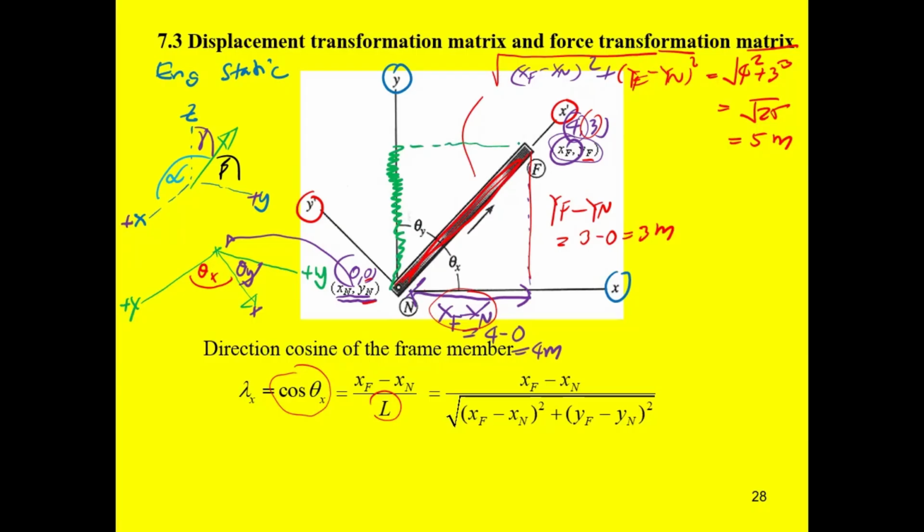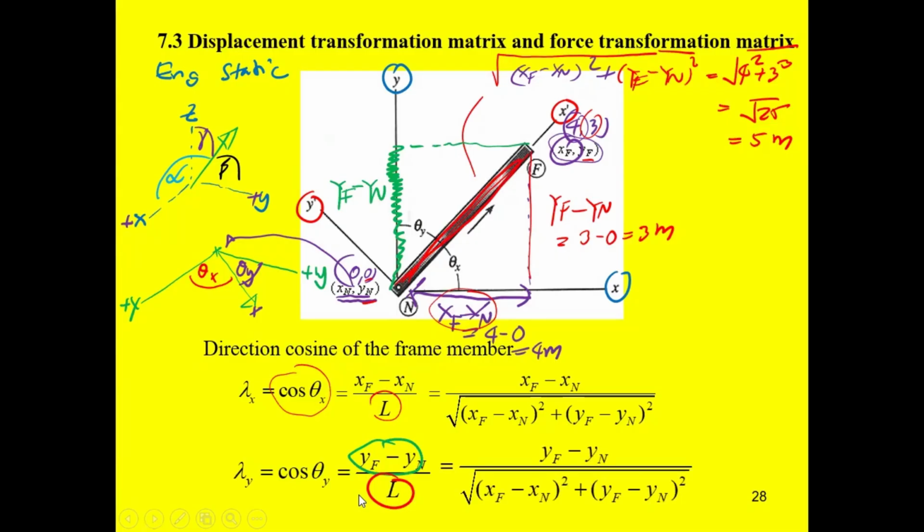It's going to be y sub f minus y sub n, the green, divided by the red. You get this equation also. These two equations are for sure going to be required for the task.